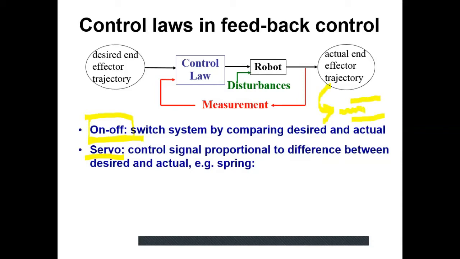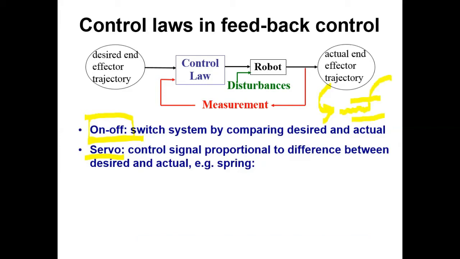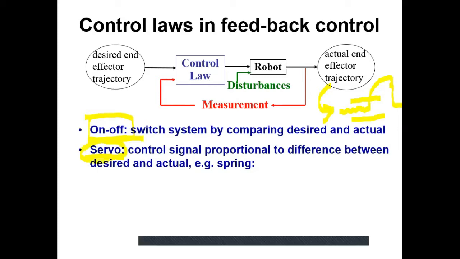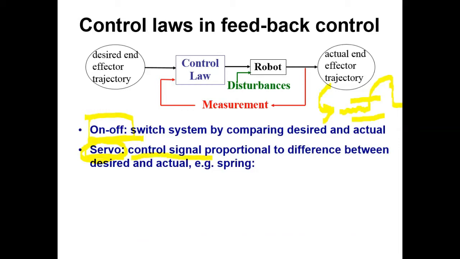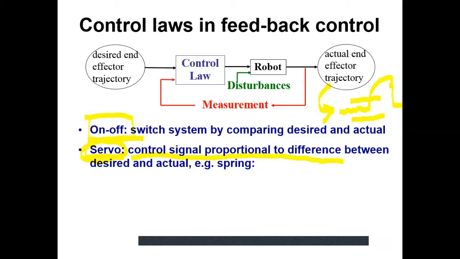And once the actual trajectory deviates from the threshold, the control system is switched on and it makes the actual trajectory follow the expected one. But in the servo method of feedback control, the control signal continuously changes itself to reduce the difference between desired and actual trajectory. Let's understand this servo method of feedback control with the help of a spring mass system.